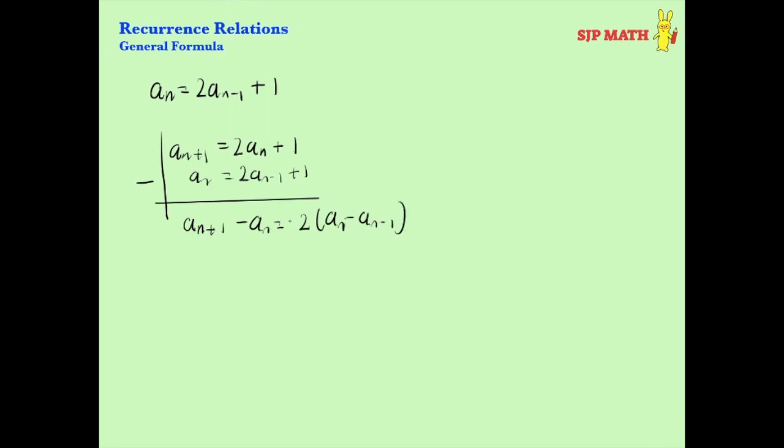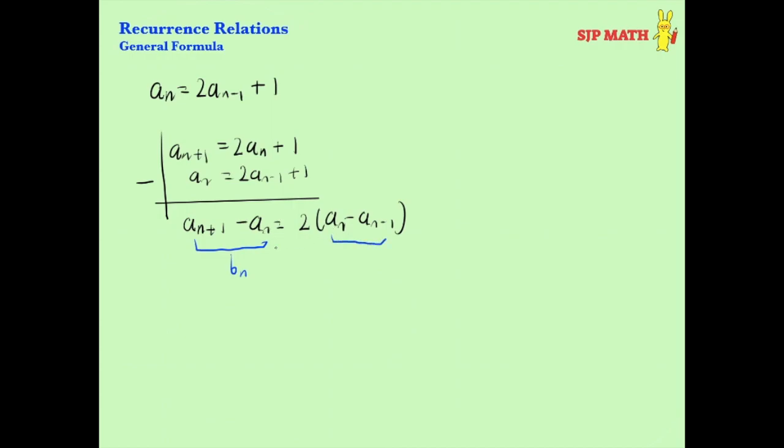And now you'll understand why we did that, because we can kind of see a recurrence relation. Okay, here's where the magic begins. So if we set this as Bn, so let's say that Bn is equal to an plus 1 minus an, then what will this be equal to?